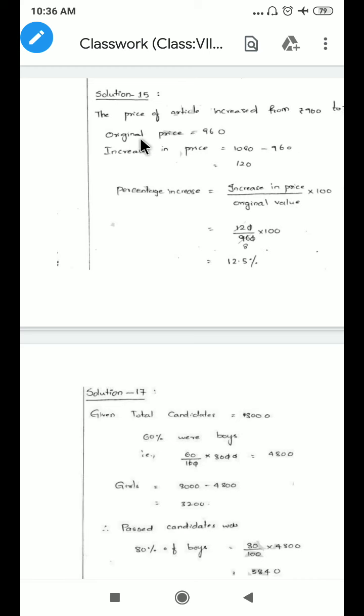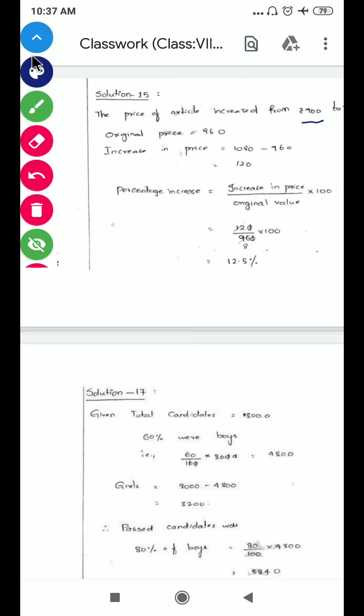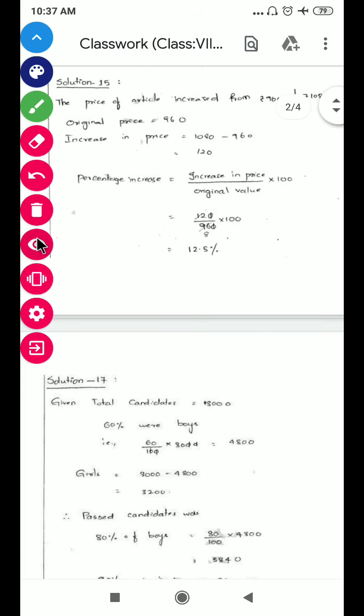The price of an article increases from 960 to 1080, and we need the percentage increase in the price. So you have to find out how much percentage the price increased.